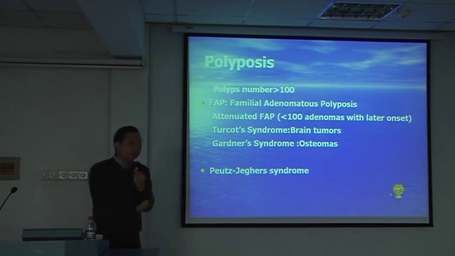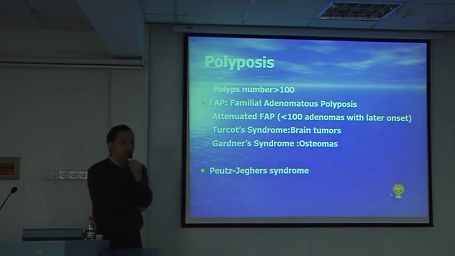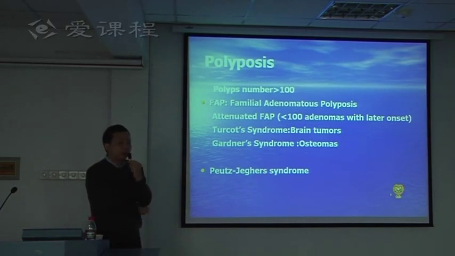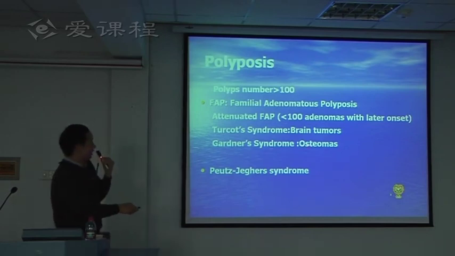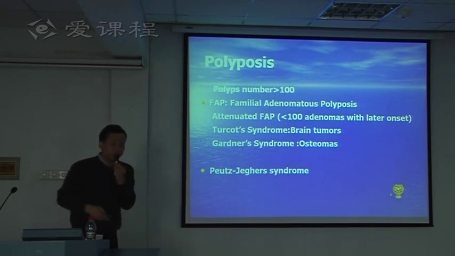They have FAP, then later or at the same time they find osteomas, so it's called Gardner syndrome. But these diseases are not so common, because even FAP you cannot see a lot of patients. Then Gardner syndrome or Turcot syndrome, you will just need to know it. So FAP may be complicated with other organs: brain, osteomas, sometimes pancreas. I will explain later.